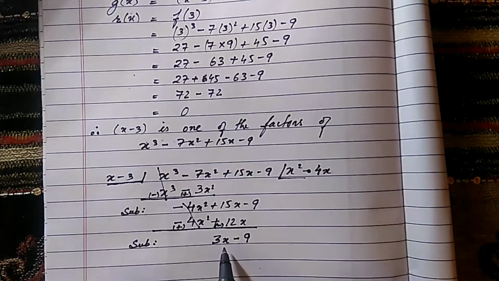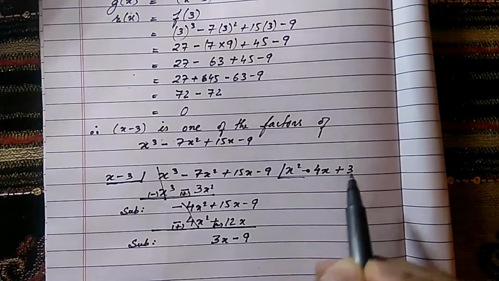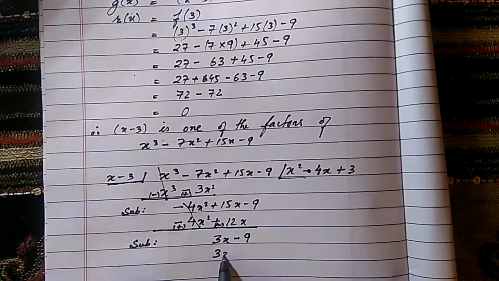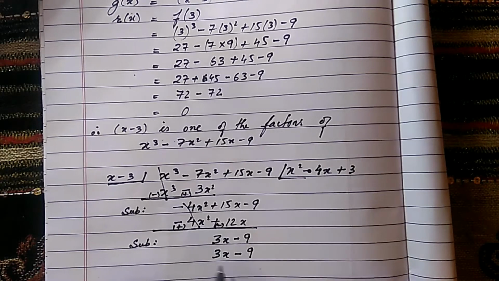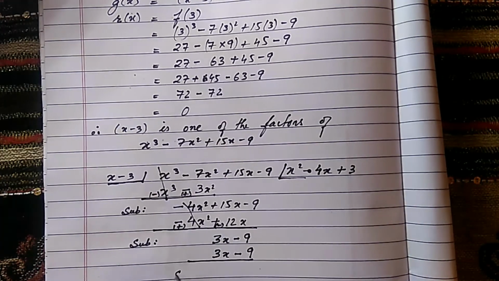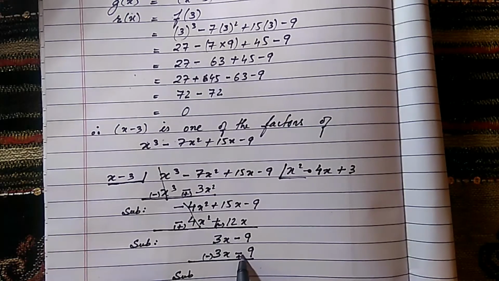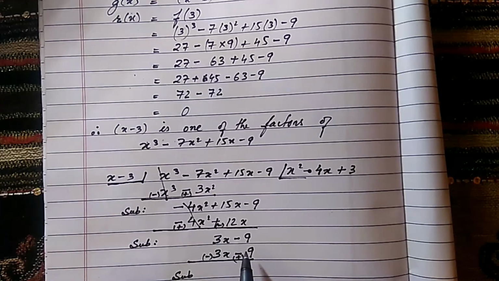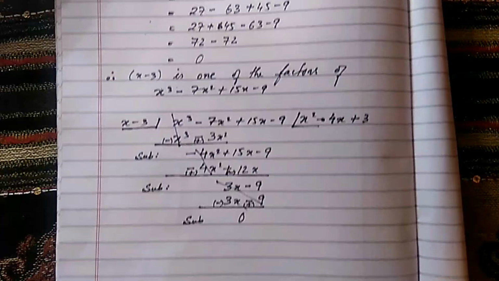Now my target is to get positive 3x. So if I write plus here and 3, then I will get plus 3x. But this needs to be multiplied to minus 3. So minus into plus is minus, 3 into 3 is 9. Again, when we subtract, we change the sign. Now both these terms are same in magnitude but different in sign, so they cancel out. The remainder is 0.